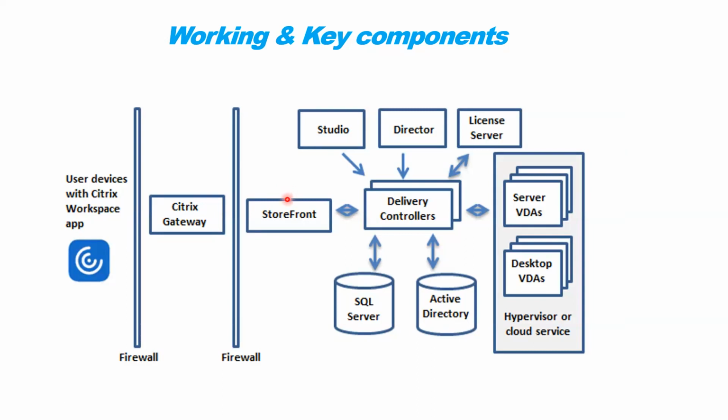When I click on log on, that query will directly go to the delivery controller, and the delivery controller knows which server is responsible for validating this particular query. In this case, the Active Directory server is the only server that can validate the credentials, right? So it will forward that login related query directly to the Active Directory server. Active Directory server will validate whether the user is valid or not.